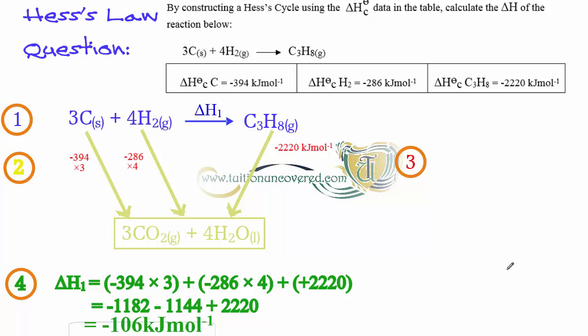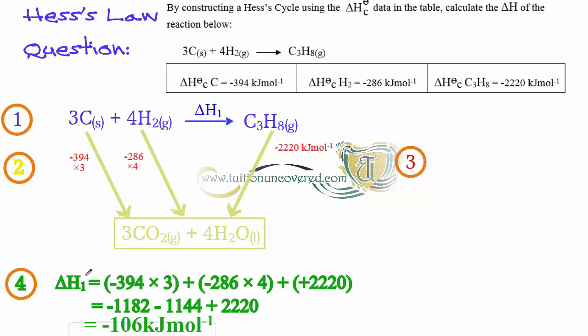Hopefully you've had the same, if you've had a chance to do this. Go through that routine again, write in the equation, step 1, what I'm trying to work out. Step 2, put the arrows in representing the direction of the information I'm given. In this case, combustion data away from what I'm combusting. These are the products of that combustion. Step 3, the value for each arrow written down tidily next to each.